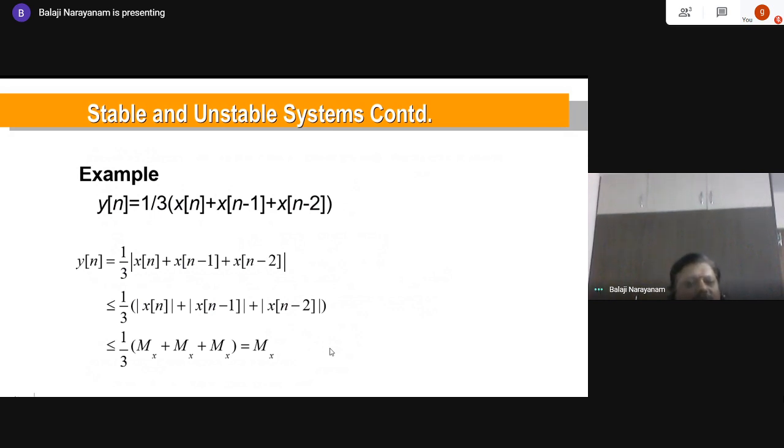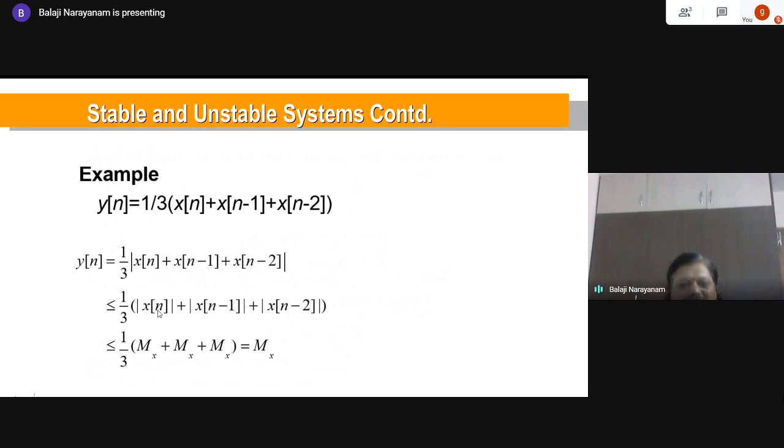So 1 by 3 of x of n plus x of n minus 1 plus x of n minus 2. And now we may take x of n value, and for any values of n, x of n will lie within a finite value, say mx. x of n minus 1 is also having a finite value, again mx.